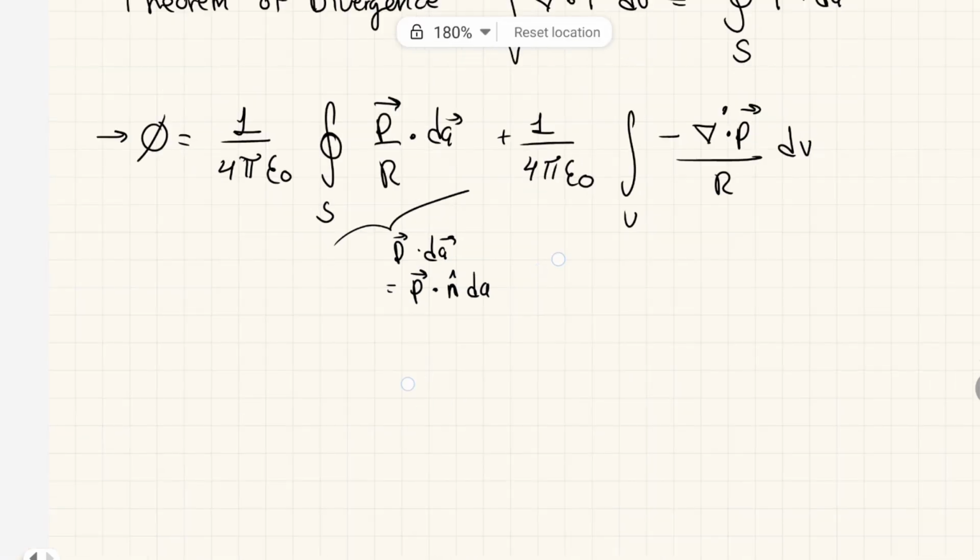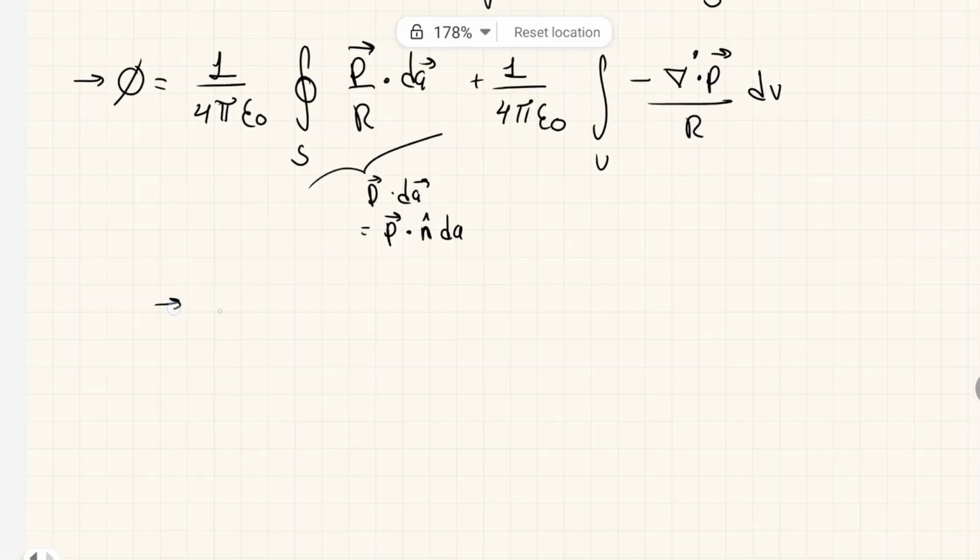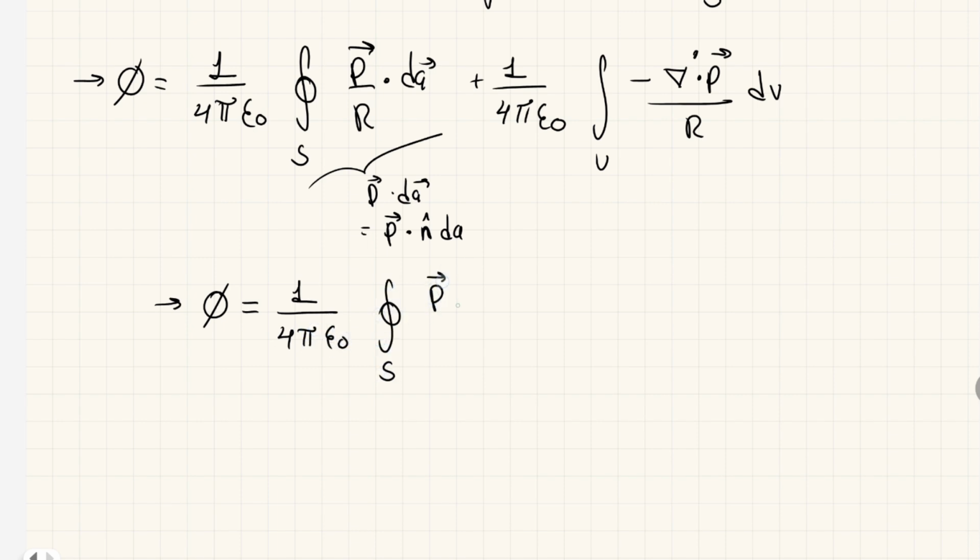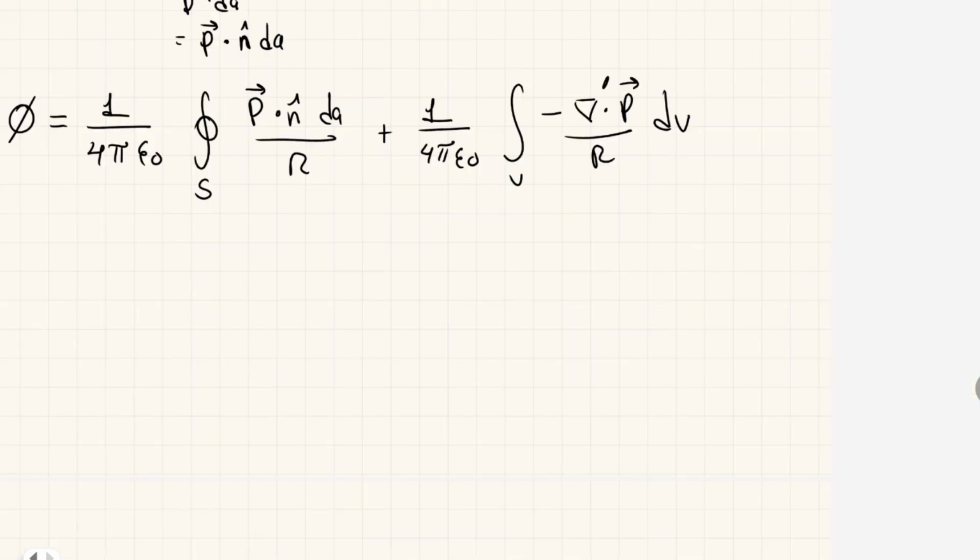So if we rewrite the potential with that taken into account, it will be 1 over 4 pi epsilon 0, the surface integral of P dot n dA over r, plus 1 over 4 pi epsilon 0, the volume integral of minus the divergence of P over r dV.